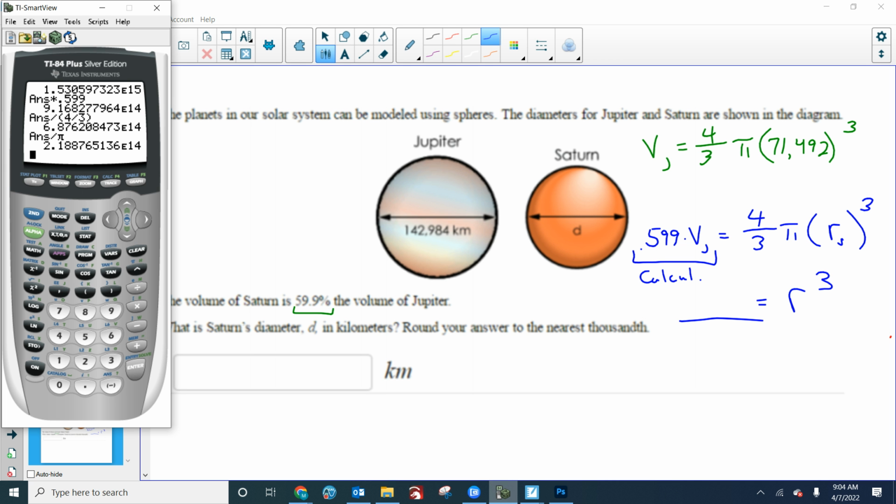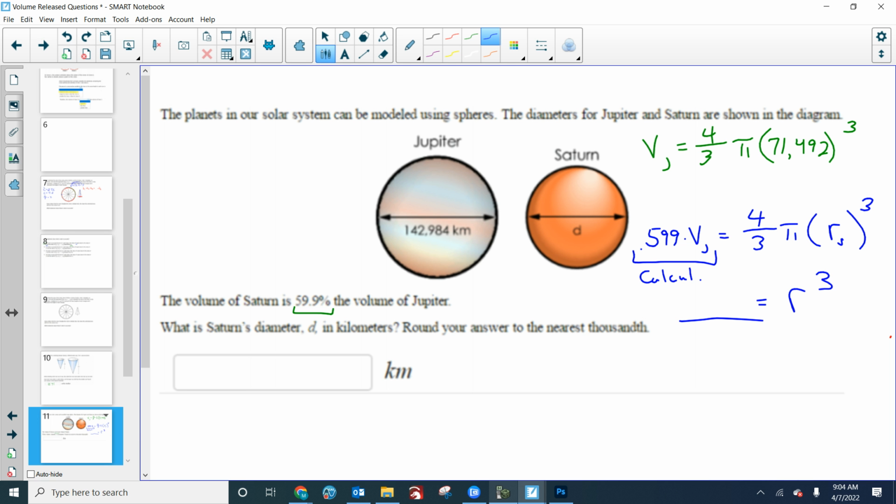Okay. Do you see the button? It's right above the square root button. It's got an x root of button. Now, you can take the cube root, fourth root, fifth root, sixth root, whatever. Here's the thing, though. You have to tell it which root to do.